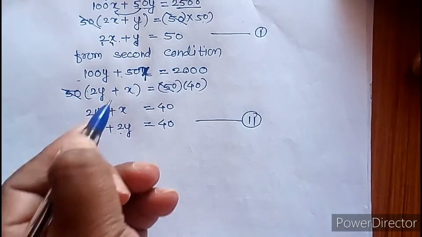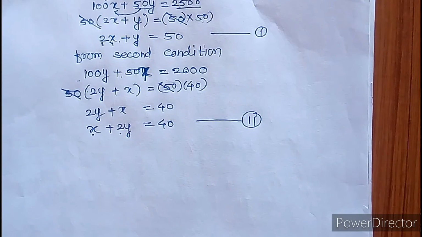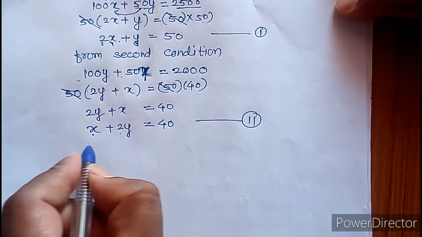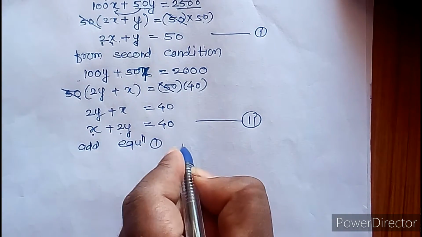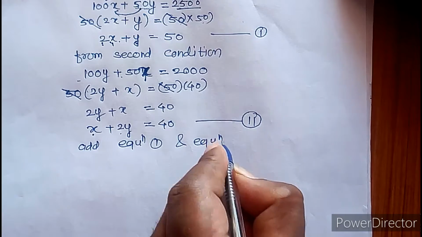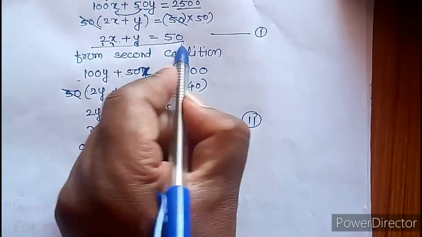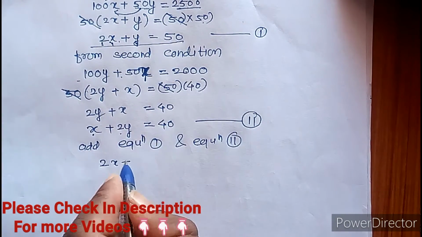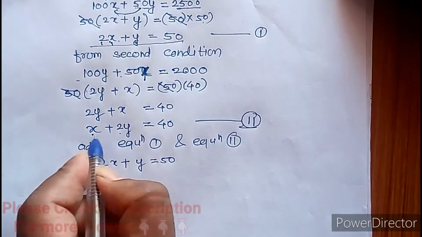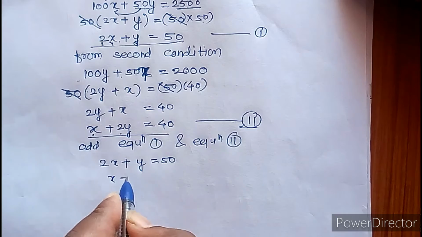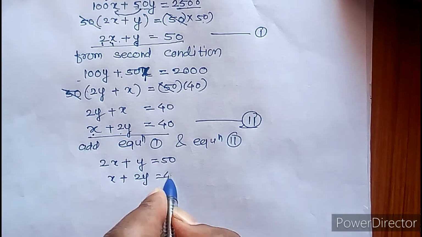Therefore we have solved such type of problems earlier. On solving this, add equation 1 and equation 2. Equation 1 is 2x plus y equals 50, and equation 2 is x plus 2y equals 40.